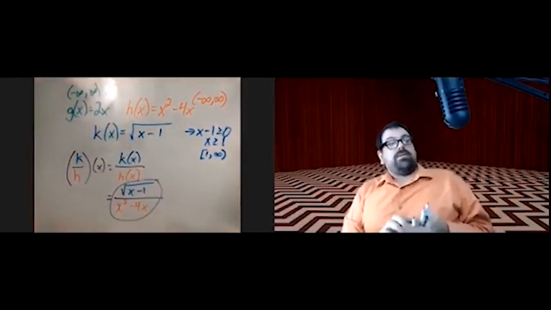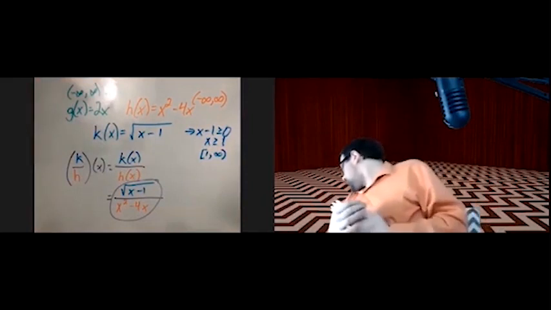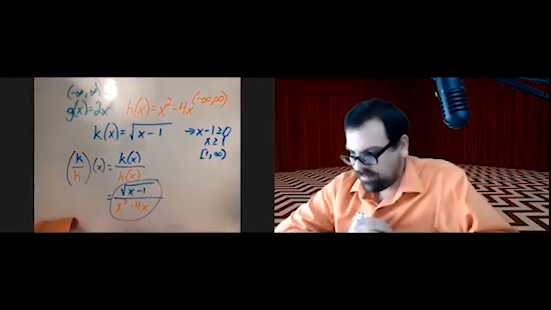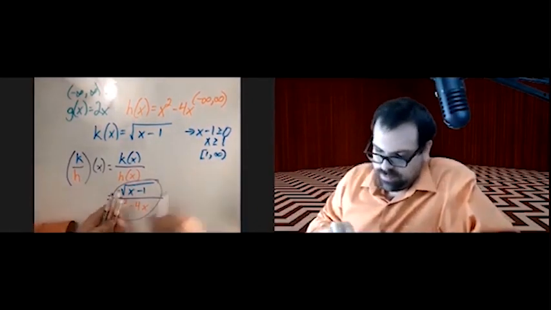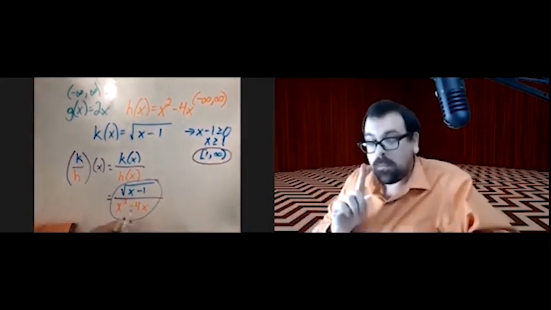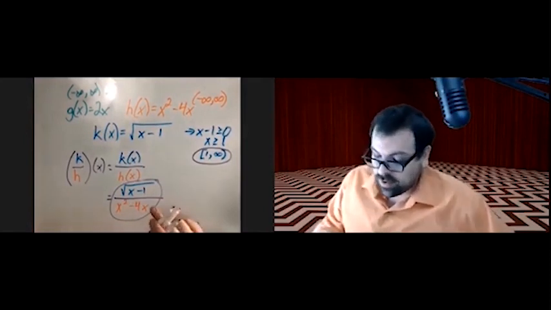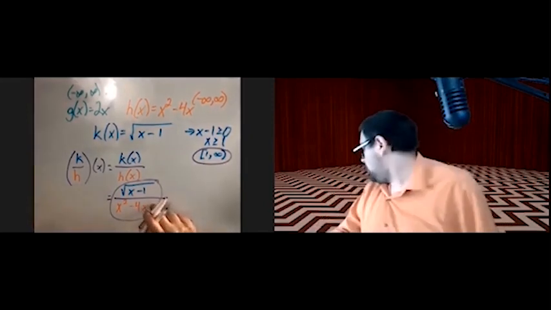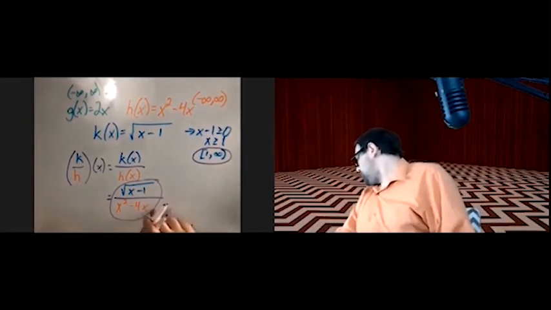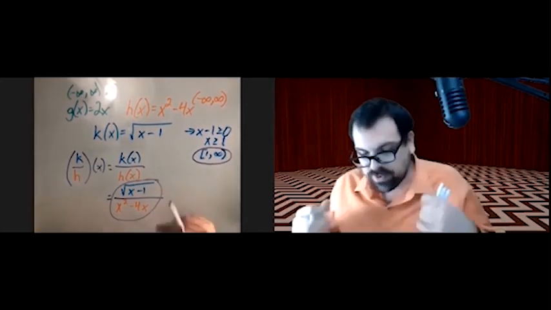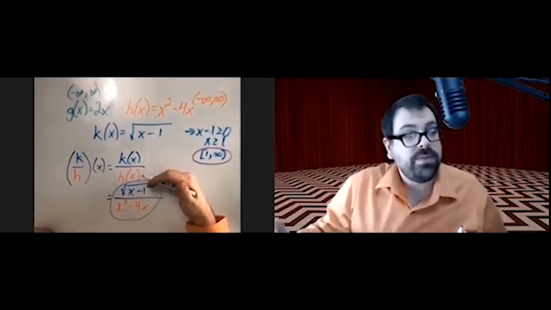Now for the domain. The intersection is still this. But there are also going to be values that make the bottom 0. And we have to find those values because we're not allowed to have the bottom equal to 0.